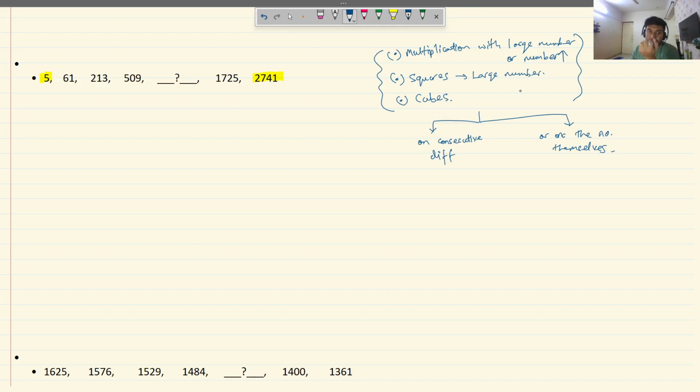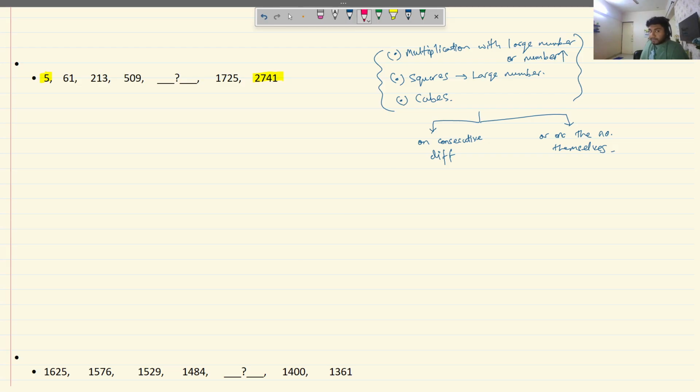So whichever one you feel, by seeing one or two numbers, is coming close, go for that option first between the two. Otherwise, no need for unnecessarily calculating the consecutive difference if we don't need it at all.